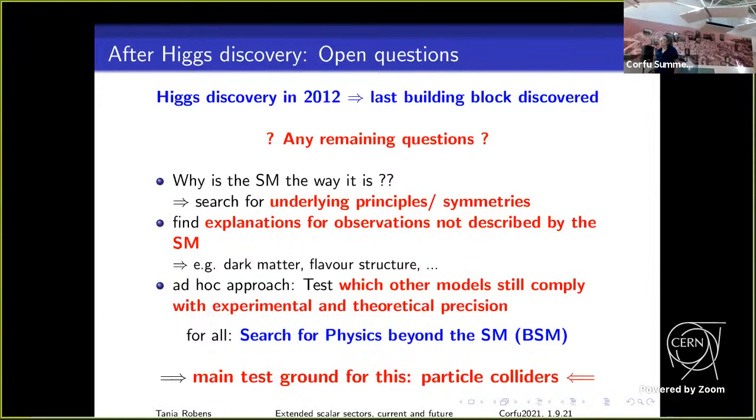So search for underlying principles or symmetries, find explanations for observations which are not described by the standard model. A prime example is dark matter, or one can try to explain the flavor structure. Or you can take an ad hoc approach and say I want to test which other models will comply with current experimental and theoretical precision and constraints.